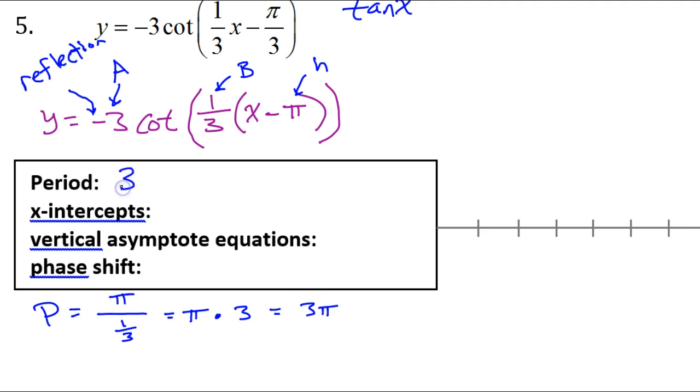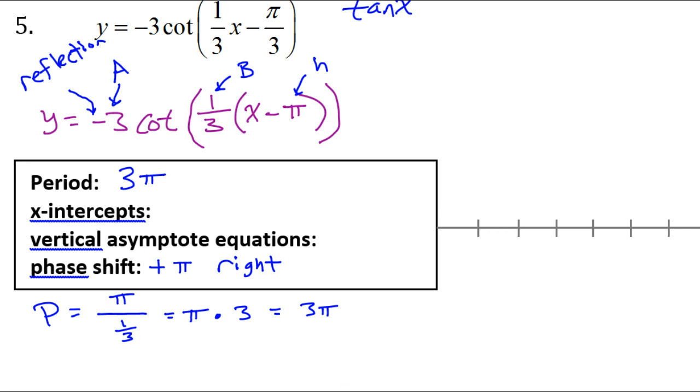So the period is 3 pi. We'll talk about the x-intercepts and the asymptotes later. The phase shift is this h value. It's the opposite of what you see here as far as the sign. So this is going to be a positive pi. So that's to the right.